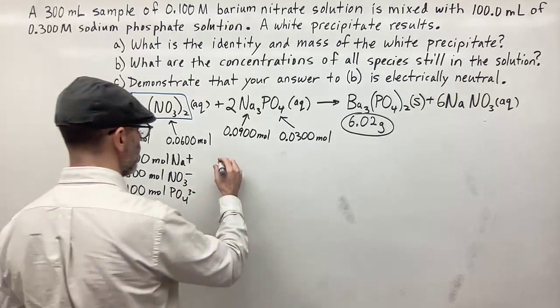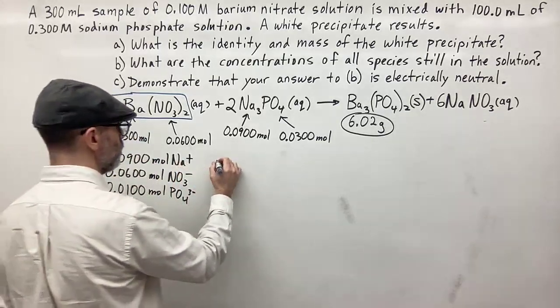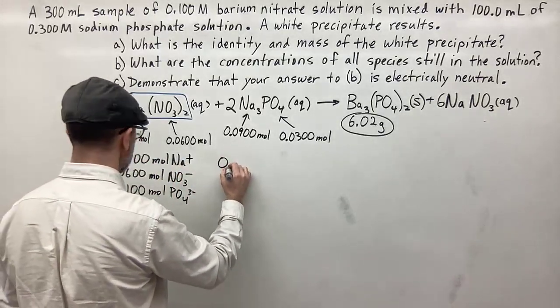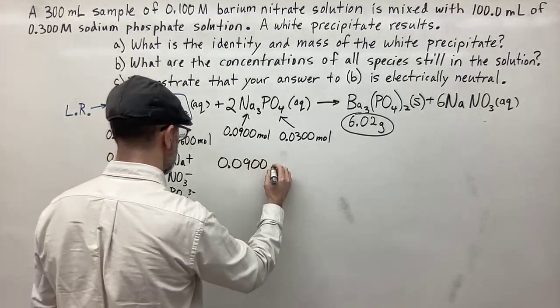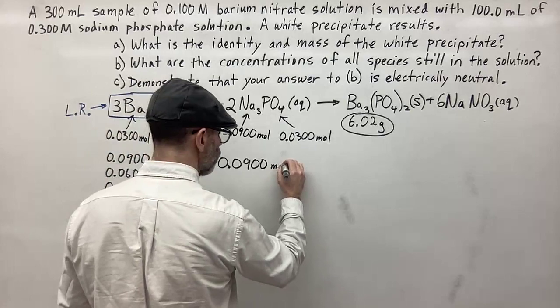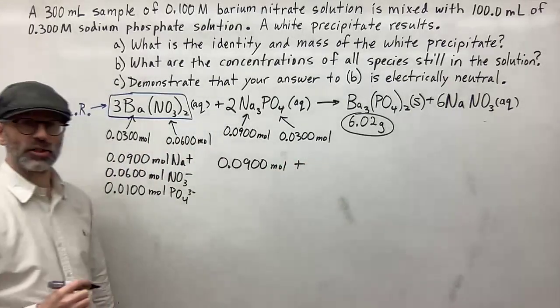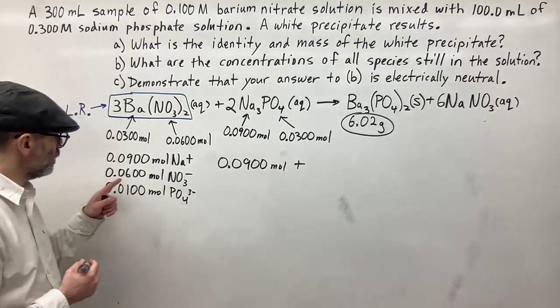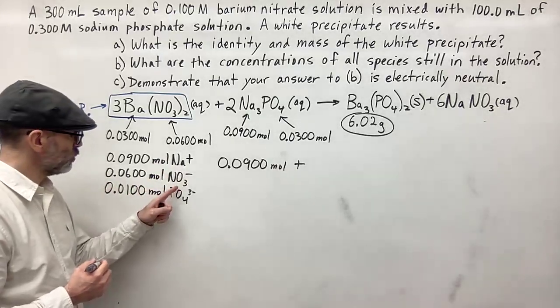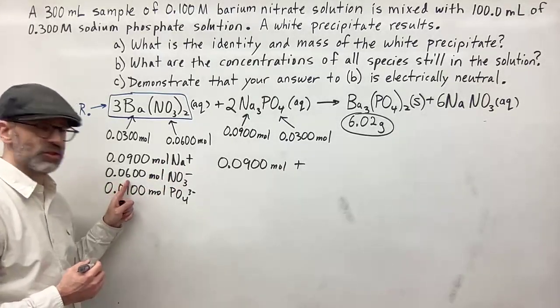So that means that from the sodium, we have 0.0900 moles of plus charge. You can think of it that way. So this is the amount of sodium we have in solution.